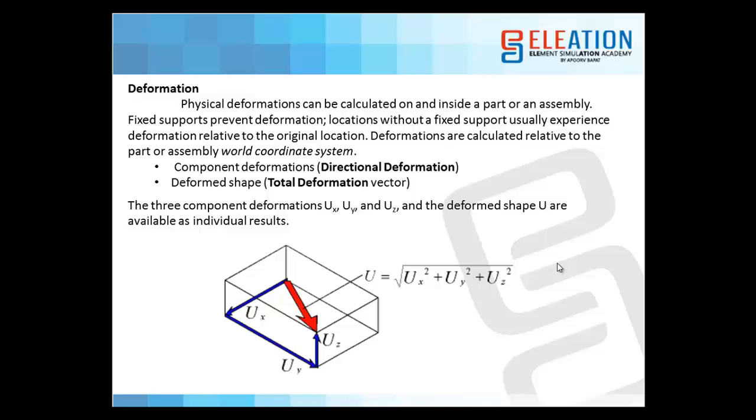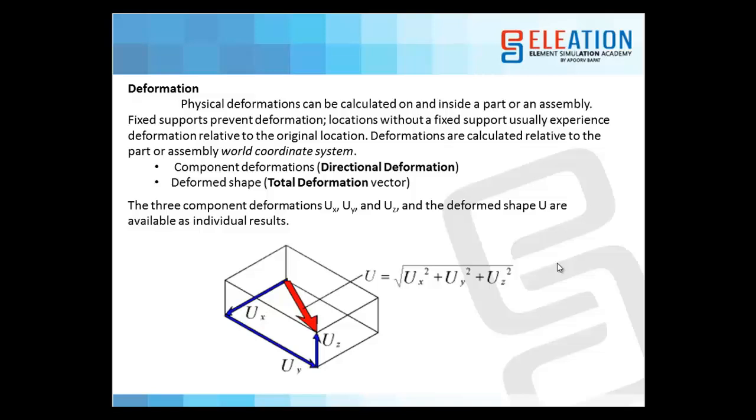The deformation which we get depends on what exactly output we want. So we can have the displacement dependent on the axis. Physical deformation can be calculated on and inside a part or an assembly. Fixed supports prevent deformation. Locations without a fixed support usually experience deformation relative to the original location. Deformations are calculated relative to the part or assembly world coordinate system, or you can say global coordinate system.